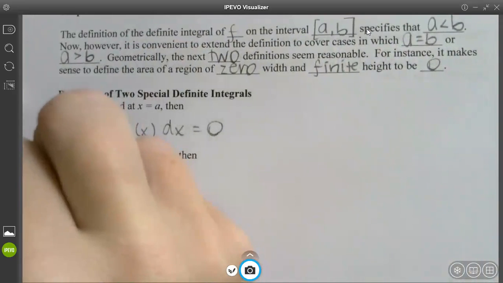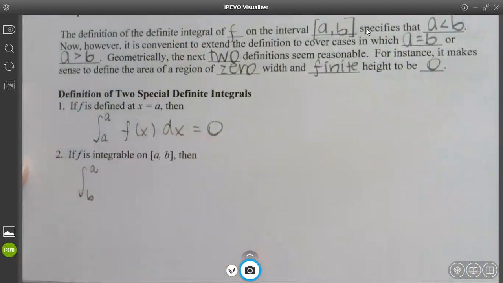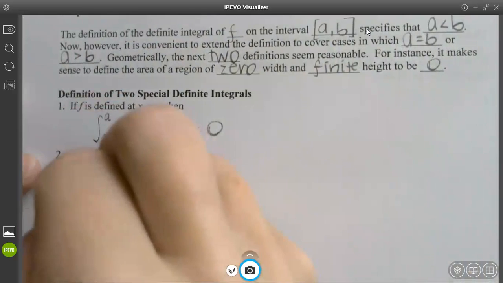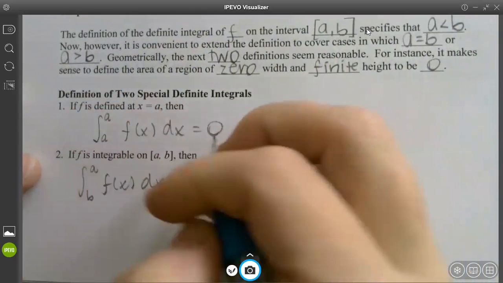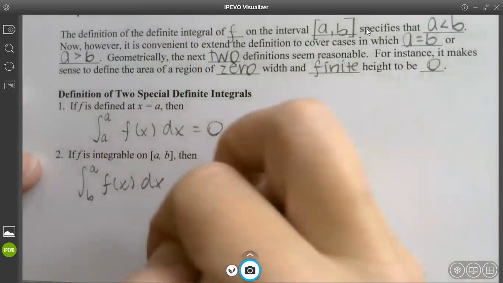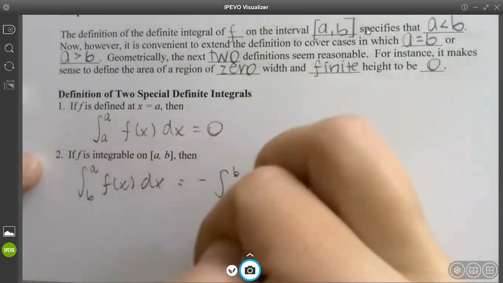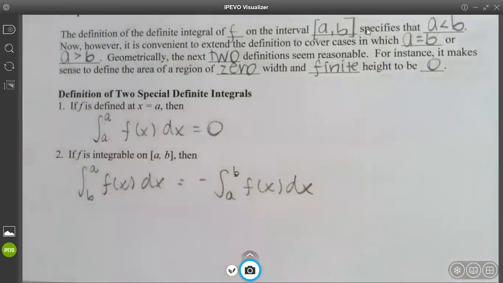If we switch them around, instead of going from a as our lower limit and putting a as our upper, all that does is make the area negative. That's a to b. So you do it the same way, it's just going to have a negative out front.